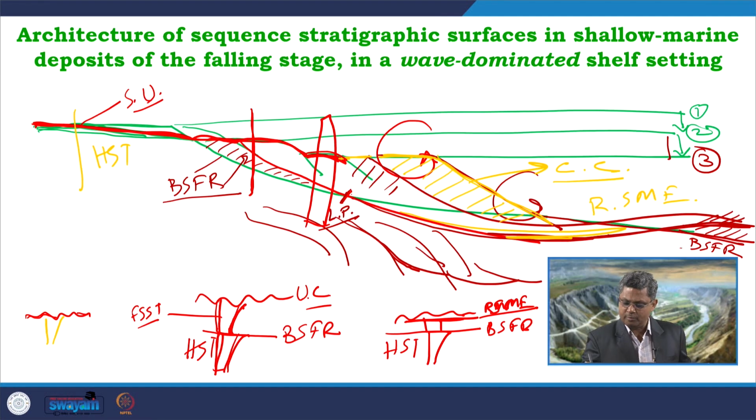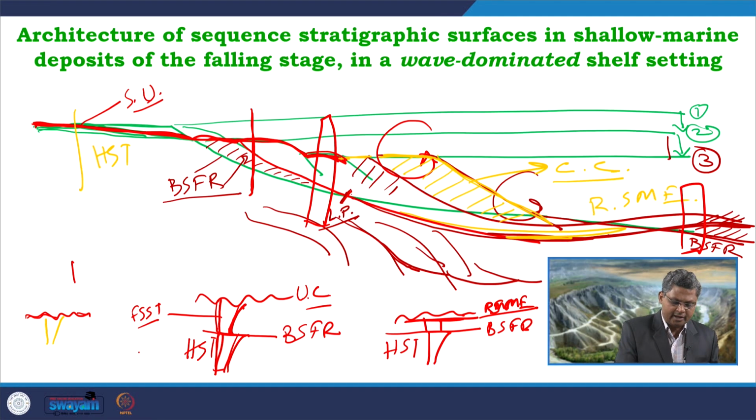If I make a log somewhere here in this part, what are we getting? We are getting an HST package at the bottom, which is a shelf deposit. On that shelf we are getting the BSFR, the original surface, the original substrate preserved.